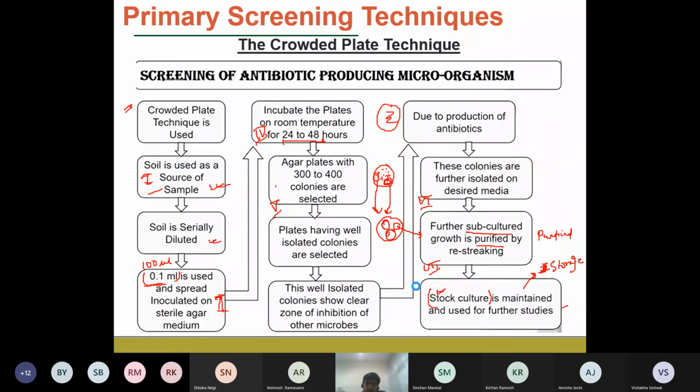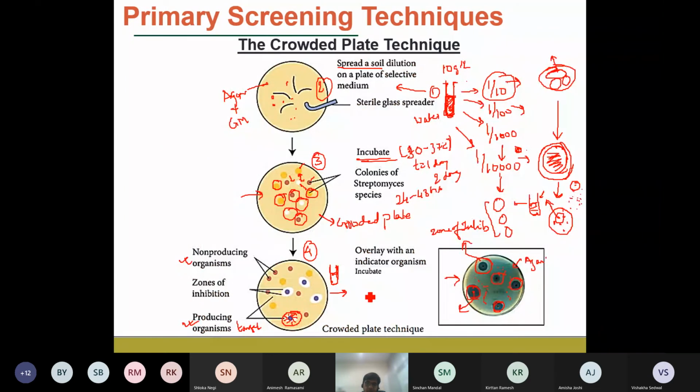After you get the stock culture, there are some additional steps. We plate this stock culture on, for example, two different plates. So what will happen when you plate that culture on the two different plates? The cells will start to make colonies.